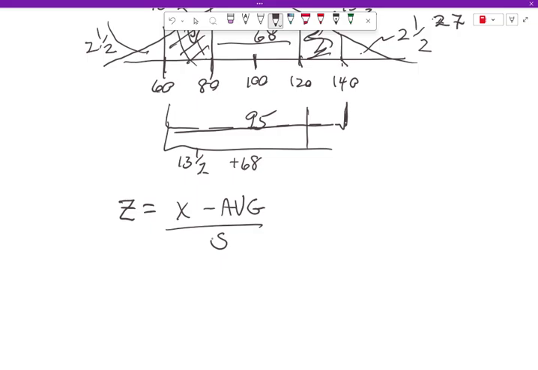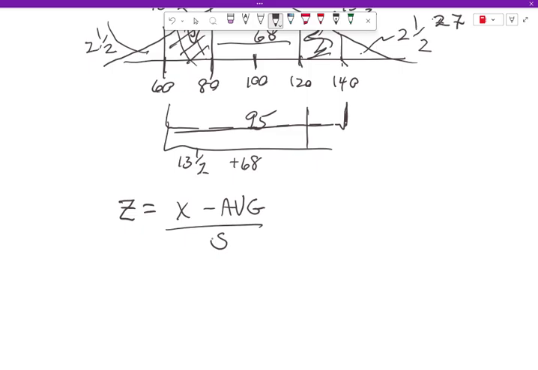The deal with this is I can put anything I can claim as a normal distribution on the same basis. If I have the length of salamanders and a mean and a standard deviation, I can put it on a -2, -1, 0, 1, and 2 basis and make all the same bets.